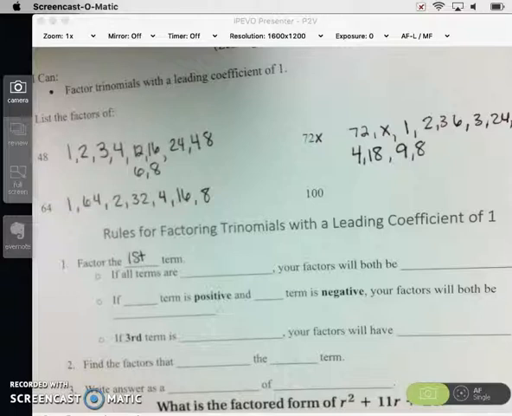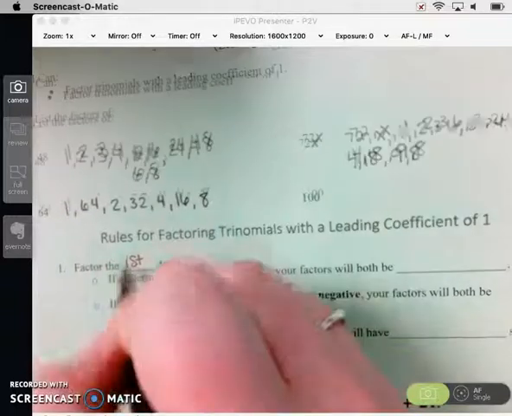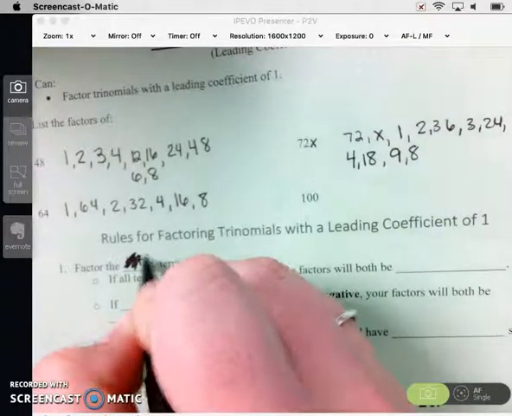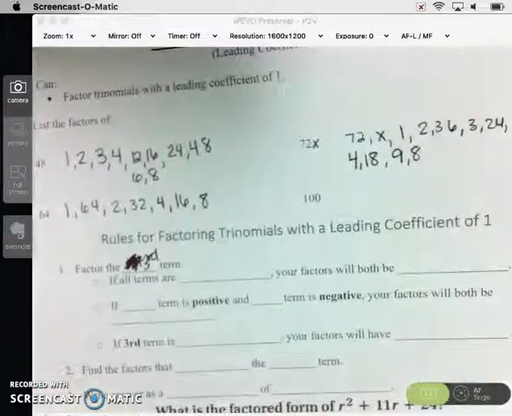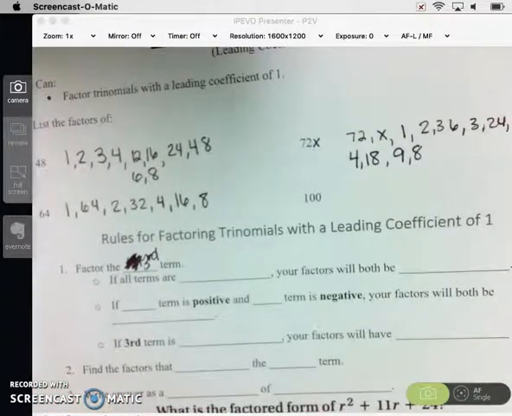Factor the first, no, sorry, not the first term. Sorry, the third term.